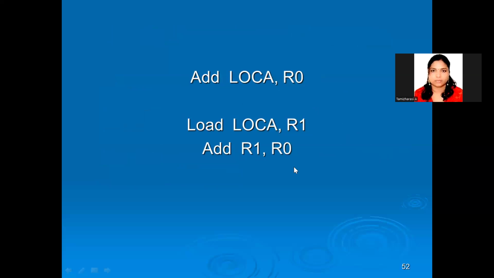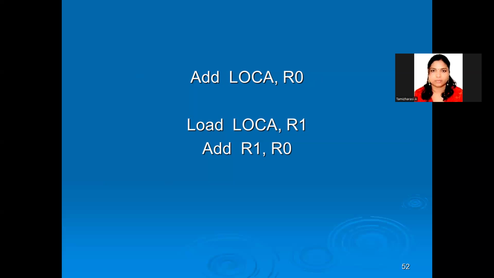Let us see some example assembly language instructions. Maybe Add LOC A, R0, where LOC A is a memory location and R0 is a register. So you're going to add the contents of the memory location and the register R0. Load means loading the data from maybe a register to the memory location. Then adding the contents of R0 and R1.